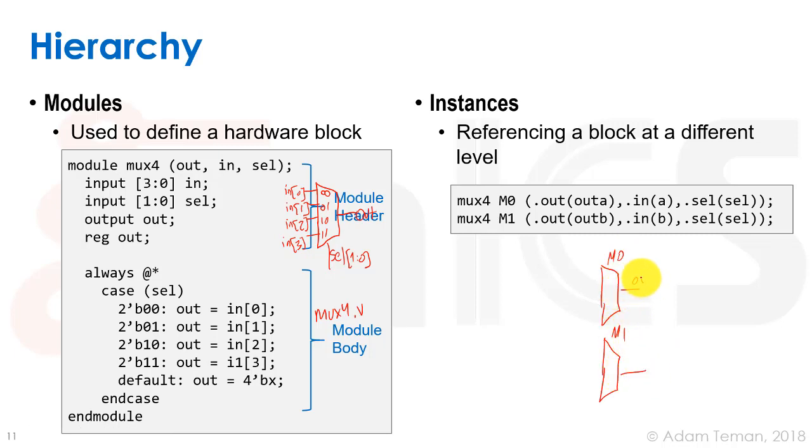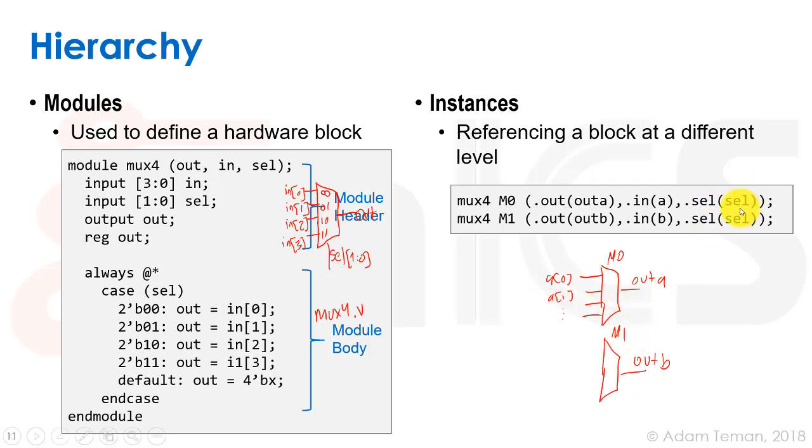And as you see, this one is connected to outA, this one to outB. How do I see that? As you see here, we have this dot notation. Each and every one of the ports that was described here, in0, in1, in2, in3, out, and sel1 and sel0, we will write them with a dot here, okay? .out is the output of this, and we say that's connected to a wire that belongs to the higher level module, and that wire is called outA. .in, and we don't have to write all four of them, it's enough to write just the name of the bus, is hooked up to A. So these are hooked up to A0, A1, etc., assuming that A is a 4-bit bus, okay?